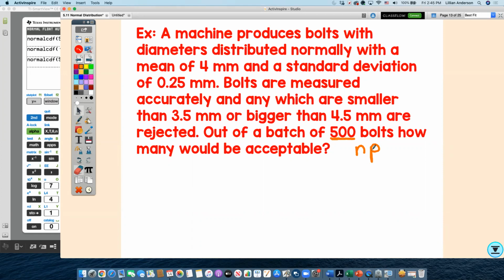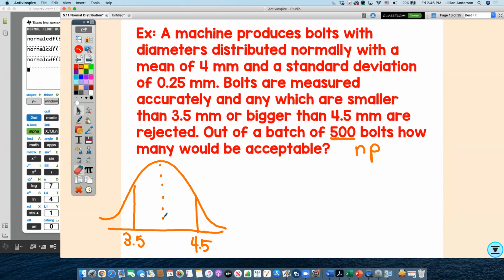But I do know that anything smaller than 3.5 and anything bigger than 4.5 is going to be rejected. So it's acceptable if it's what? In between those two. So in between 3.5 and 4.5 is going to be acceptable.